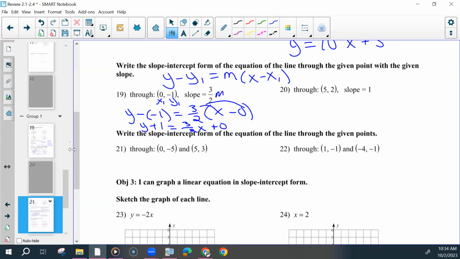By doing what? Subtracting 1 to both sides. I'm gonna write this off to the side. So y equals 3/2x minus 1 would be the final equation. All of your final equations should be in that format. If it still looks like something like this, you're not finished.